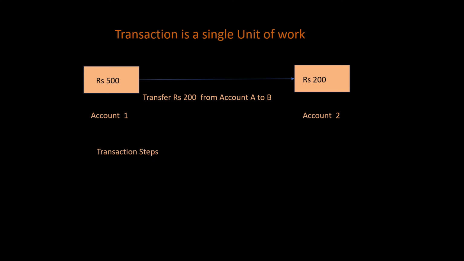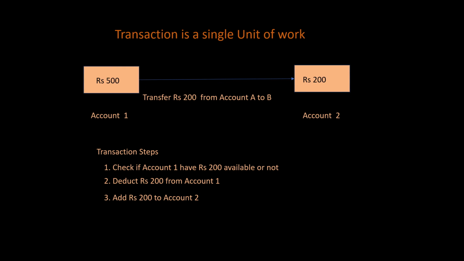First we have to verify whether the rupees 200 which we intend to transfer to account 2 are available in account 1 or not. If that step passes that check, then we will deduct rupees 200 from account 1 and transfer that amount to account 2.